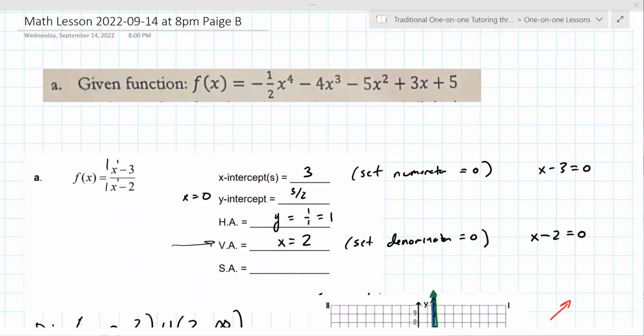Trying to pick something where the numbers are reasonable, nice, and I'm unsuccessful again. Okay, let's go 6.